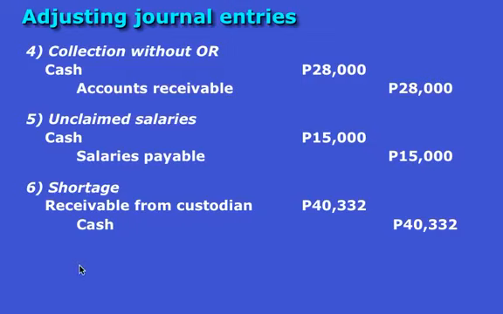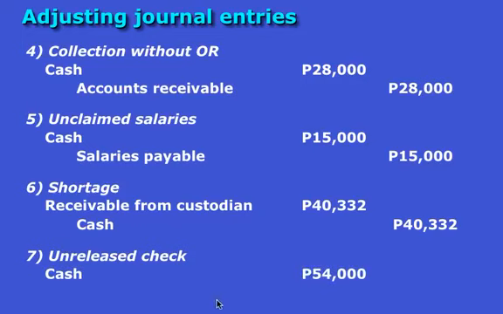Then, not part of the cash on hand, pero adjusting entry din, yung unreleased check. So, yung payable kay German Corporation, drawn by the company. So, hindi pa na-release, nasa drawer pa. So, debit, cash, credit, accounts payable. Pero ito, wala siyang kinalaman sa cash on hand. Okay? So, cash in bank siya.